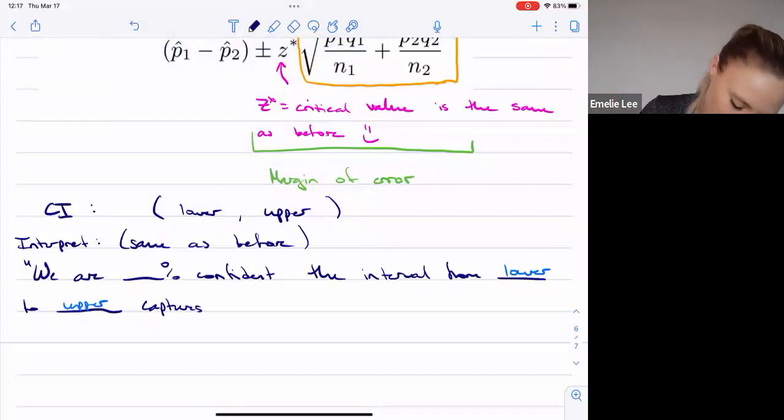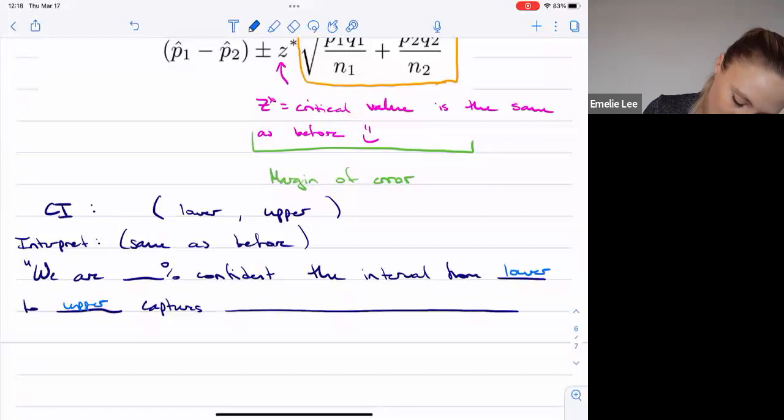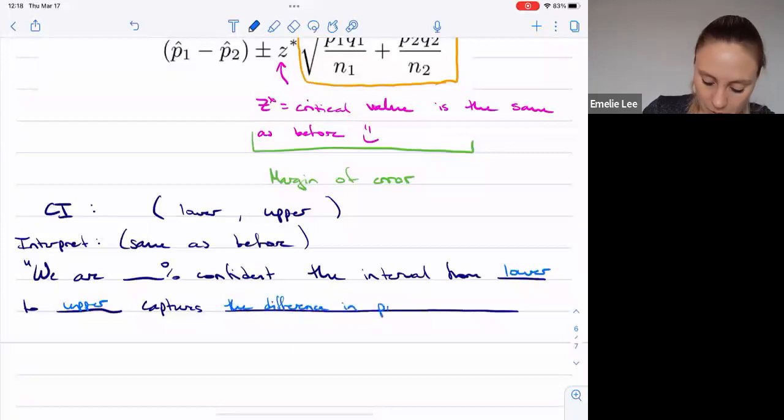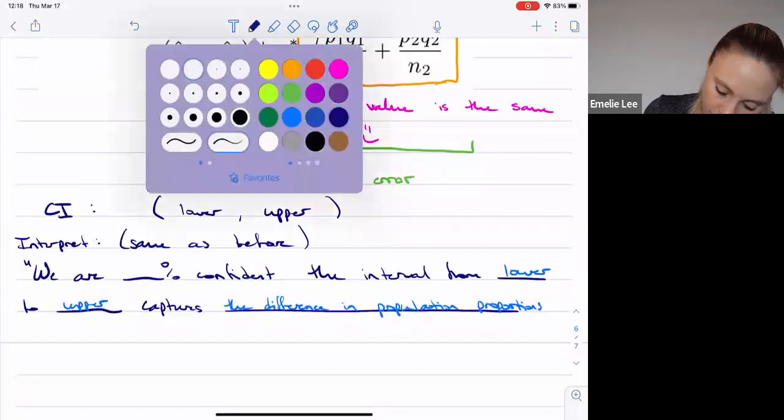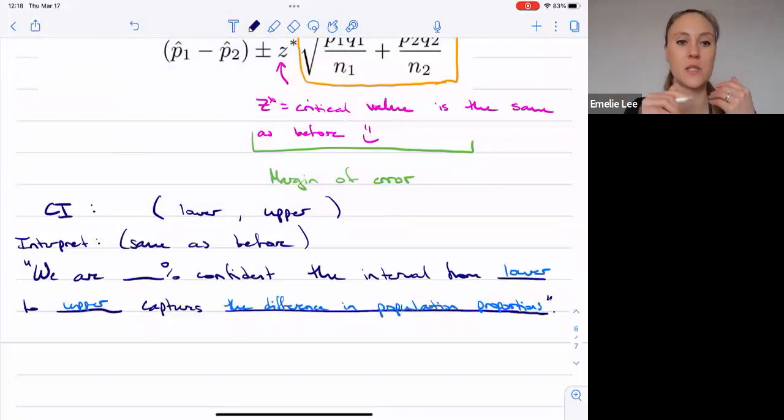So here, from the question, you would steal the wording and say the difference in population proportions, whatever that translates to, captures the true difference.